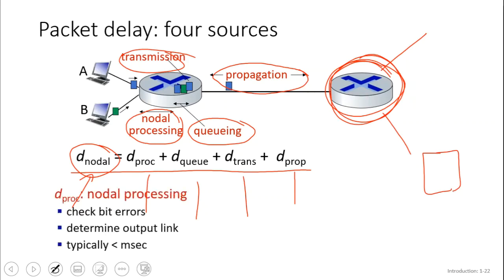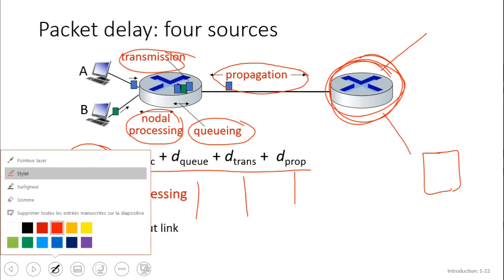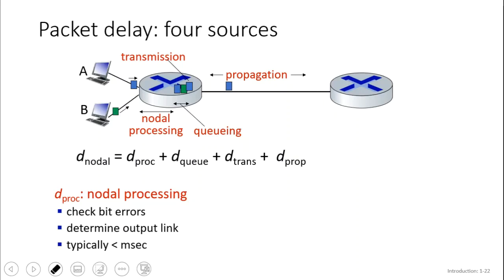Alright, so the nodal processing. What happens when we have a nodal processing issue? You can check for bit errors, because when a packet arrives, we have to check everything. Remember that it needs to go to a routing table.